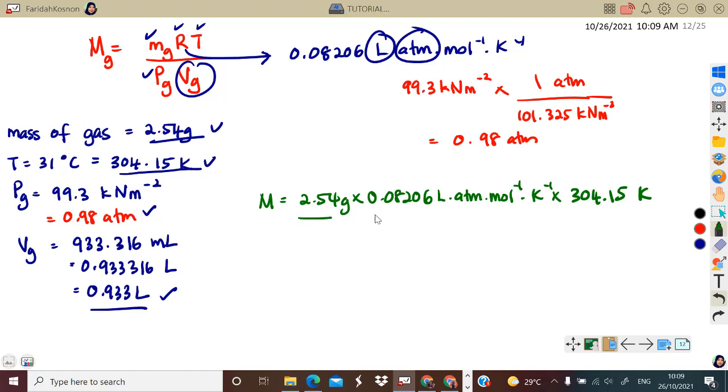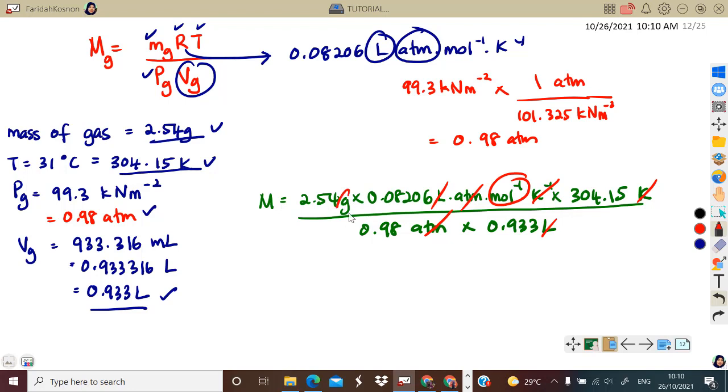Divide by the pressure of gas, which is 0.98 atm, times its volume, which is 0.933 litres. Looking here, which units cancel out? Litre with litre cancels, atm with atm cancels, and Kelvin with Kelvin cancels. What remains is gram per mol. Okay, let's solve it.